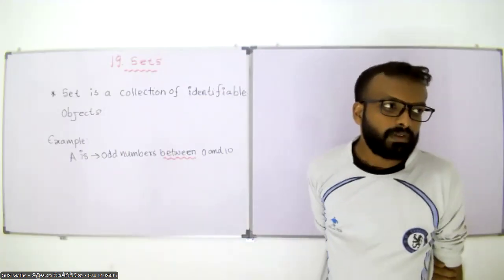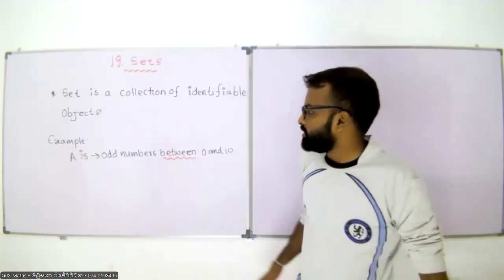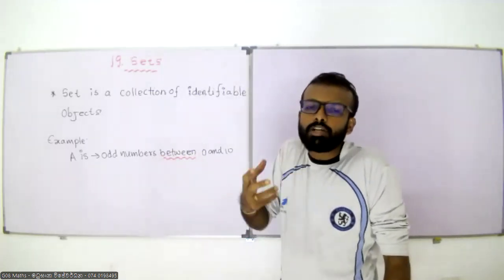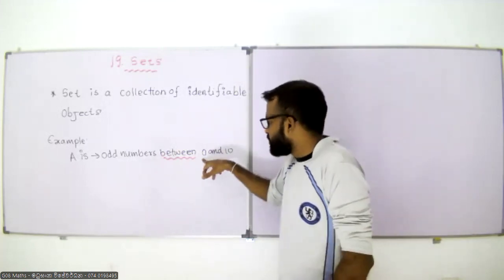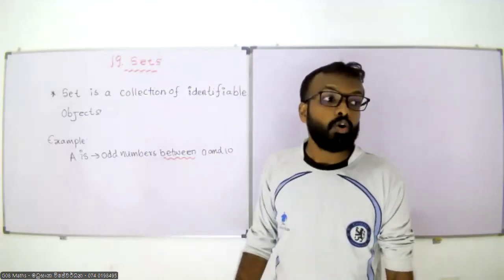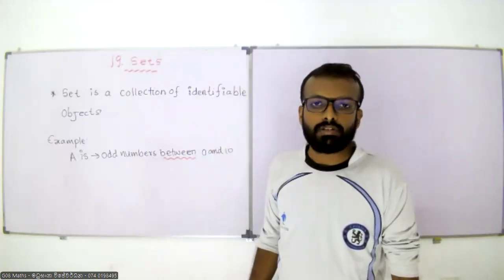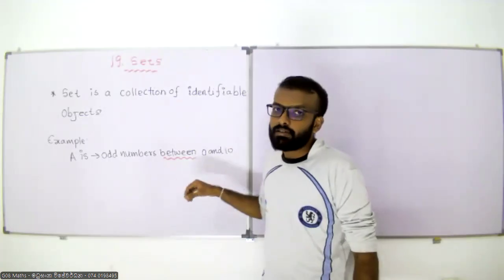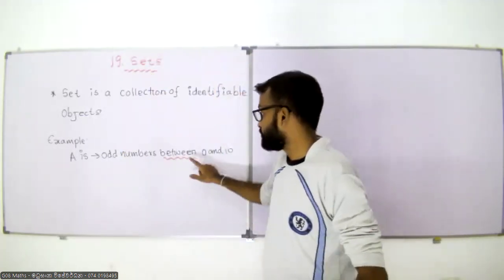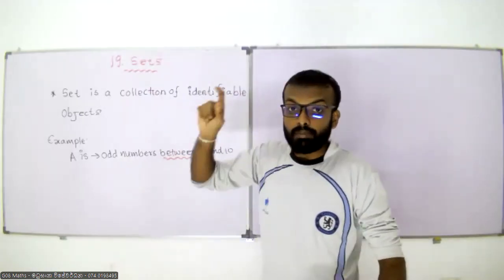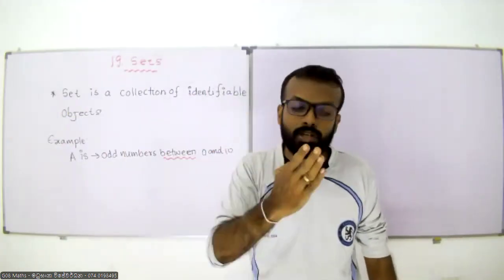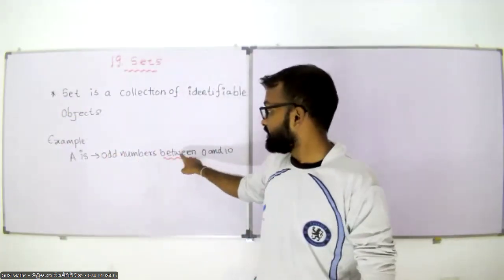If you are using this word, can you include 0 or 10 in your answer? No, you can't. If 0 or 10 is an answer here, you cannot include it, because between 0 and 10 you have to write the answer. You cannot include 0 or 10 because of this word.